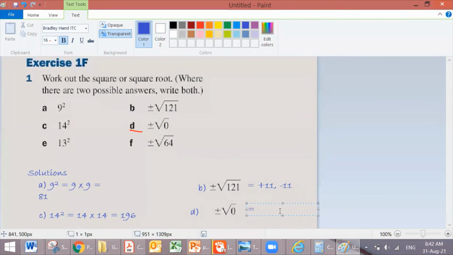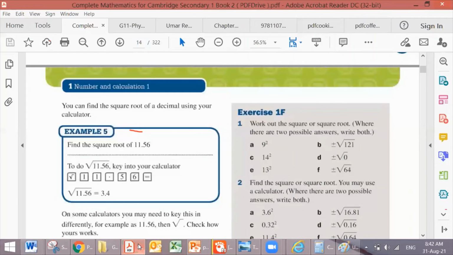The square root of 0 is 0. And we will not write minus 0, because there is no value which is negative 0. 0 is neither negative nor positive. As you can see from the number line, it is between the positive and negative values.